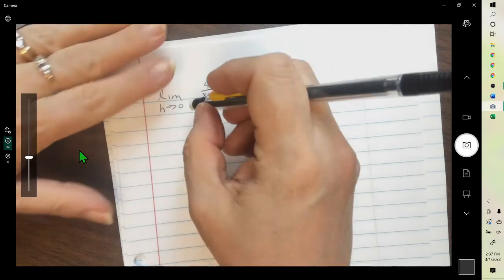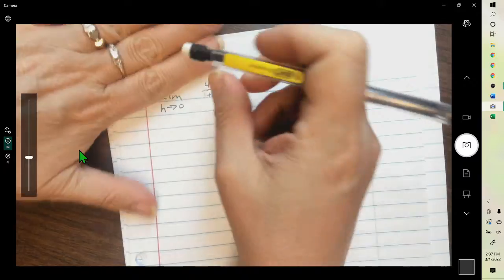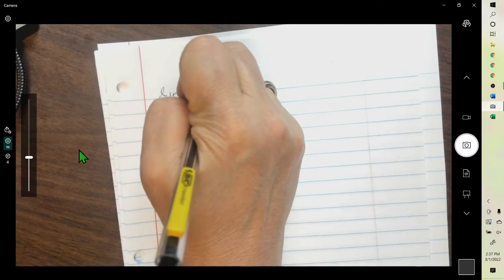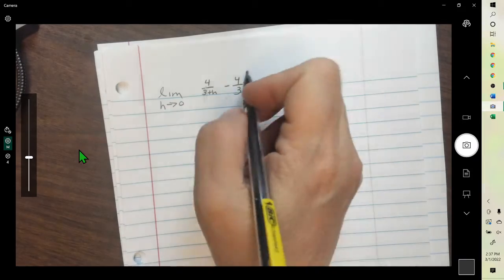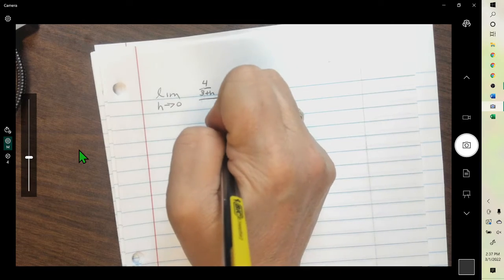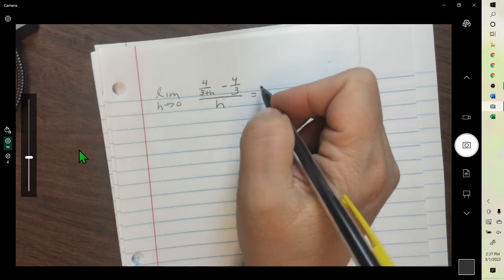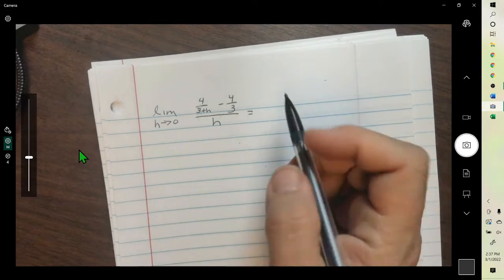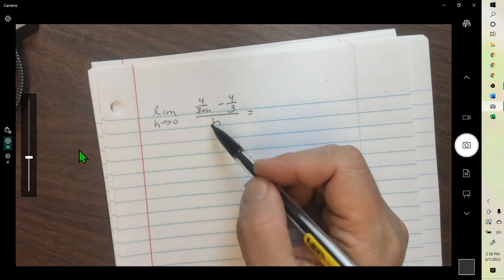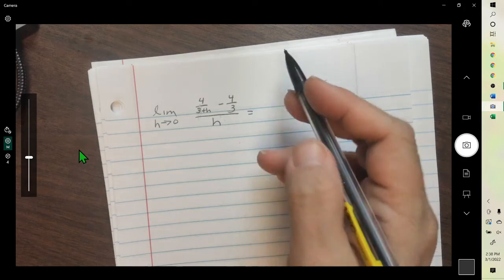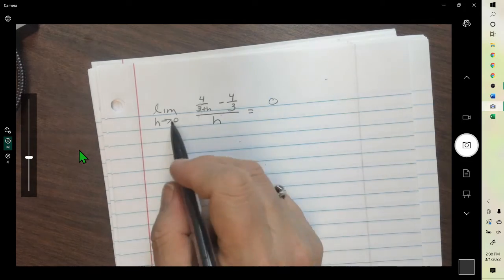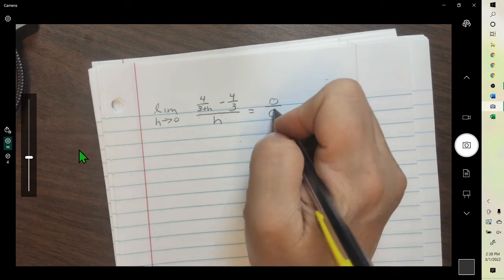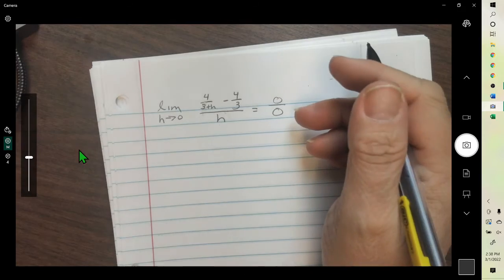Oh, it was 3 plus h, not x. If you plug in 0, we'll have 4/3 minus 4/3, which is 0. Plugging in 0 on the bottom, 0. So we have to reduce this.